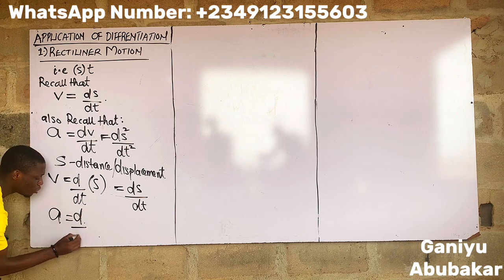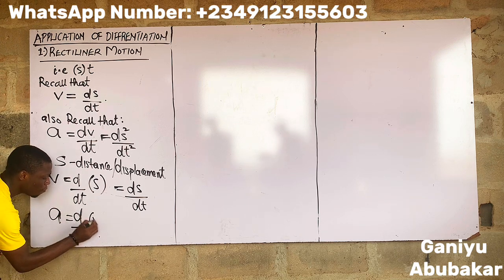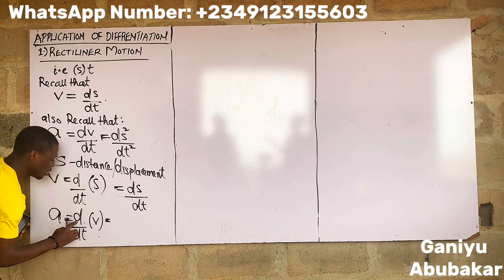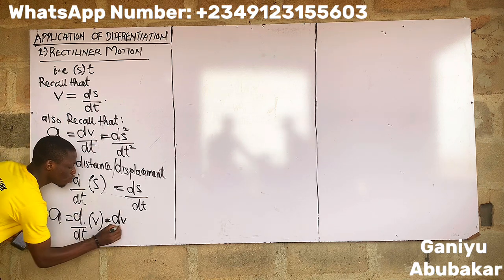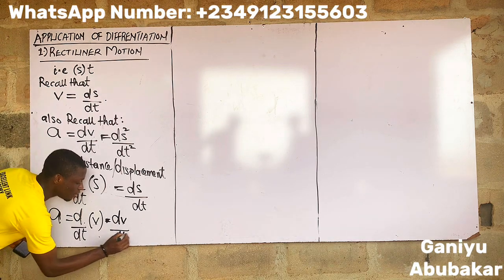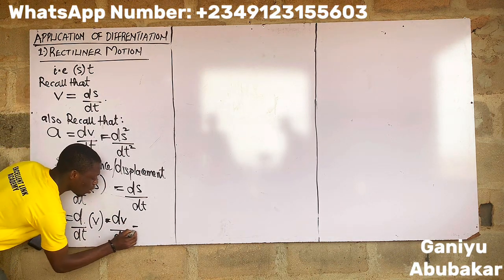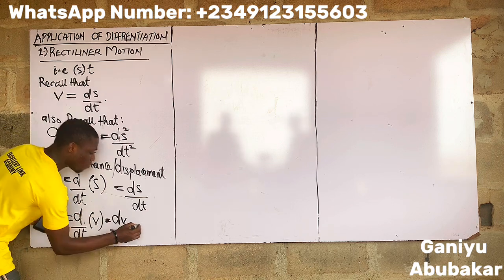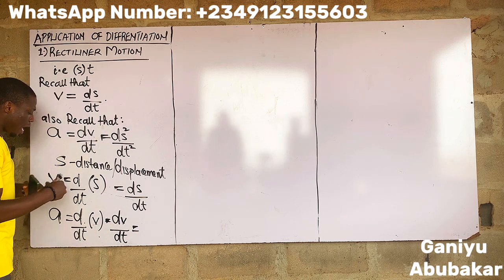Also, acceleration a is the rate of change of velocity, that is v. Combine these two: d times v is dv, all over dt.